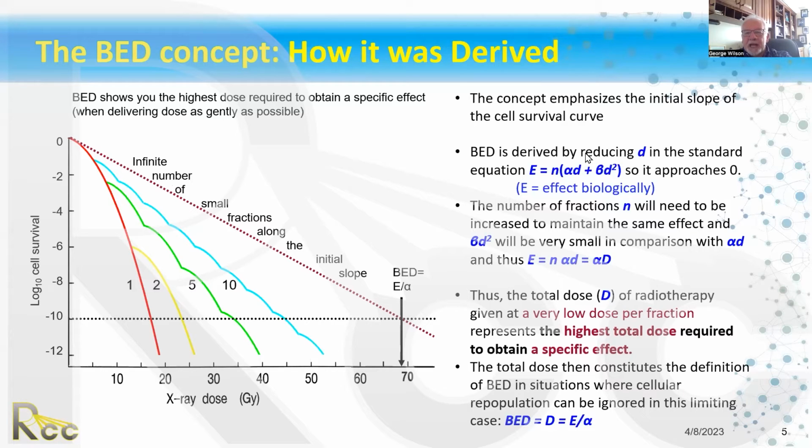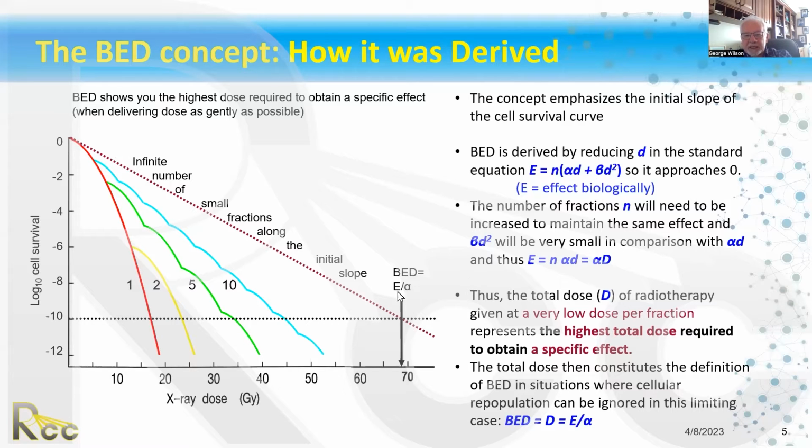In this instance, what happens is that the dose per fraction becomes very, very small. The number of fractions has to be increased. The standard equation from the linear quadratic model for calculating cell survival or effect is n times alpha d plus beta d squared. The beta d squared term becomes infinitely small and so can be ignored.